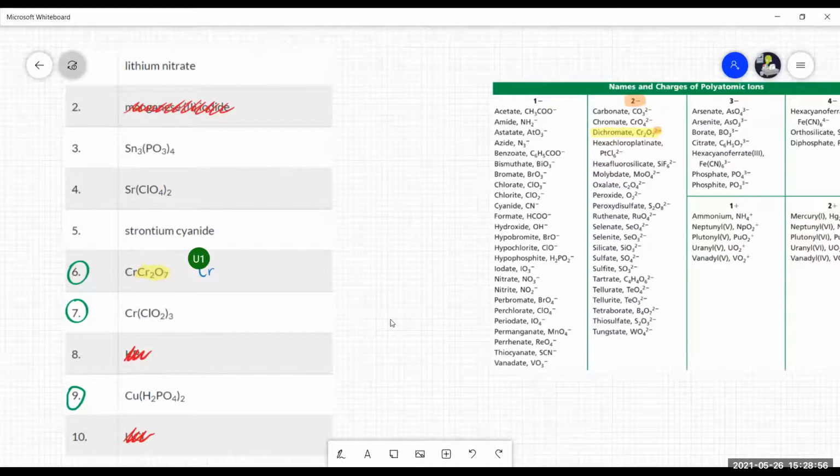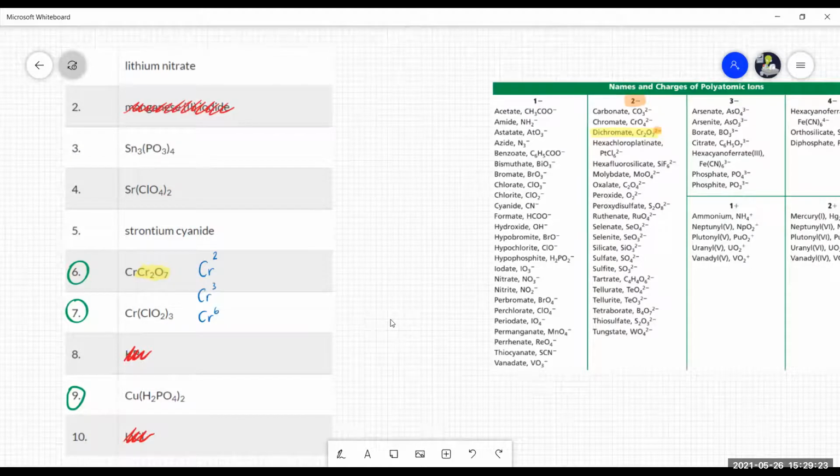Chromium, as you can see in your periodic table, has multiple valence electrons. Okay? You can have chromium 2, chromium 3, chromium 6. What else? Just that? Yes, only that.